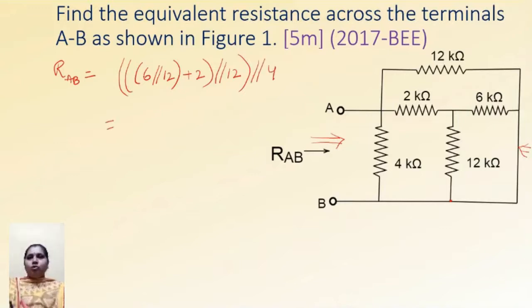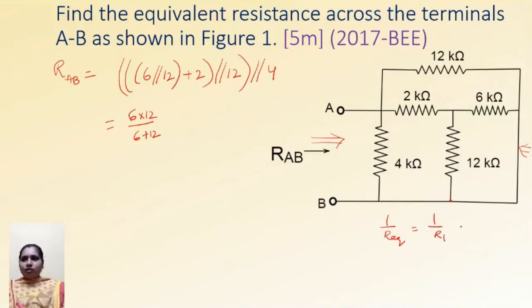Right, so now what is 6 in parallel with 12? It is nothing but 6 into 12 by 6 plus 12. If there are two resistances in parallel, you can use this formula: 1 by R equivalent is (R2 plus R1) by R1 R2.